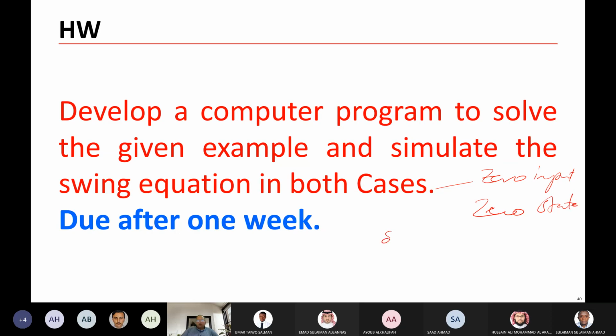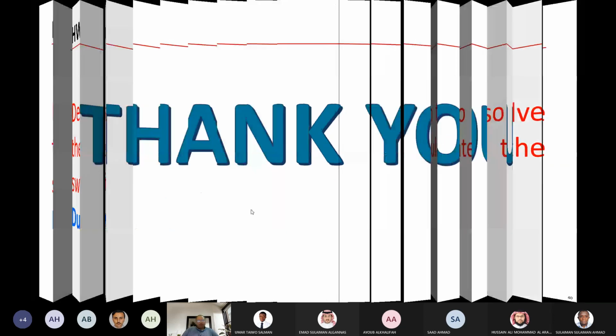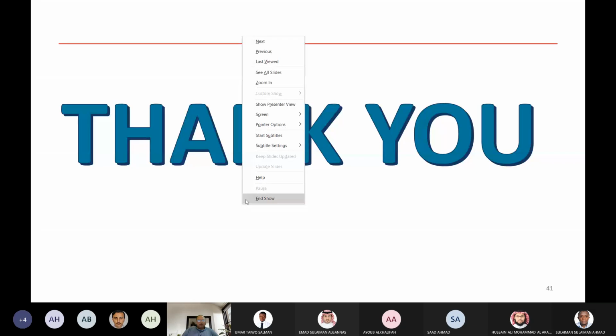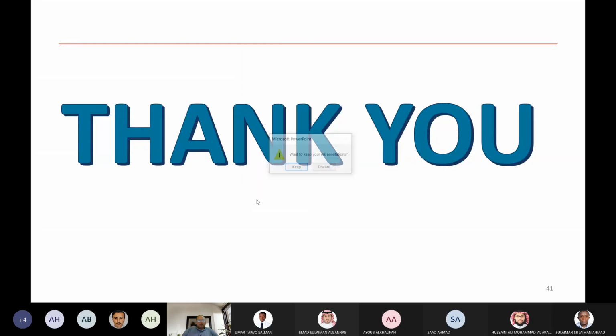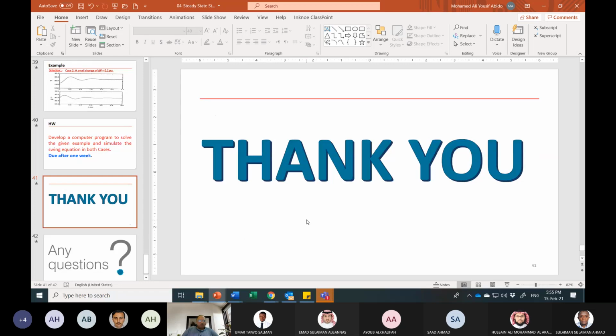We need delta of t, which is the solution of the swing equation, delta of t versus time. You can easily develop such MATLAB code and plot this equation. So by this we finish this part of the steady state stability analysis.